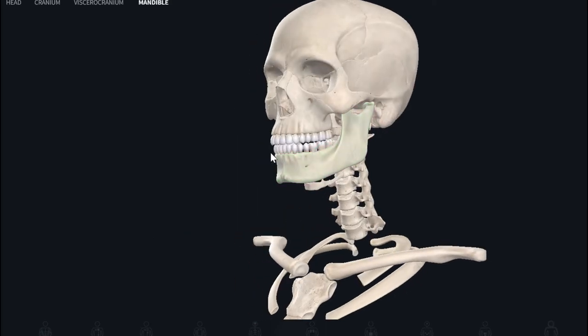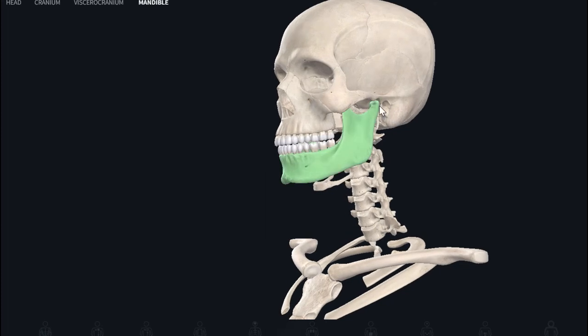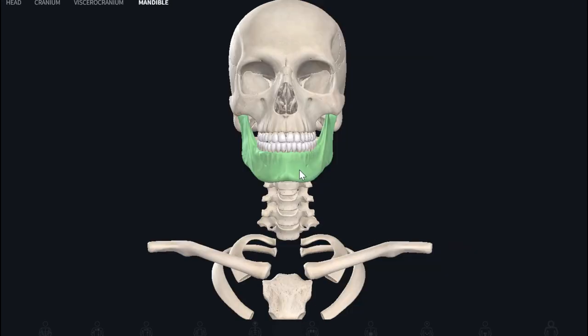But if you see it laterally, on the top, there are processes which I will discuss later on. These are not of proper size, they are irregular, and hence it is an irregular type of bone. This bone is the strongest bone in the skull.